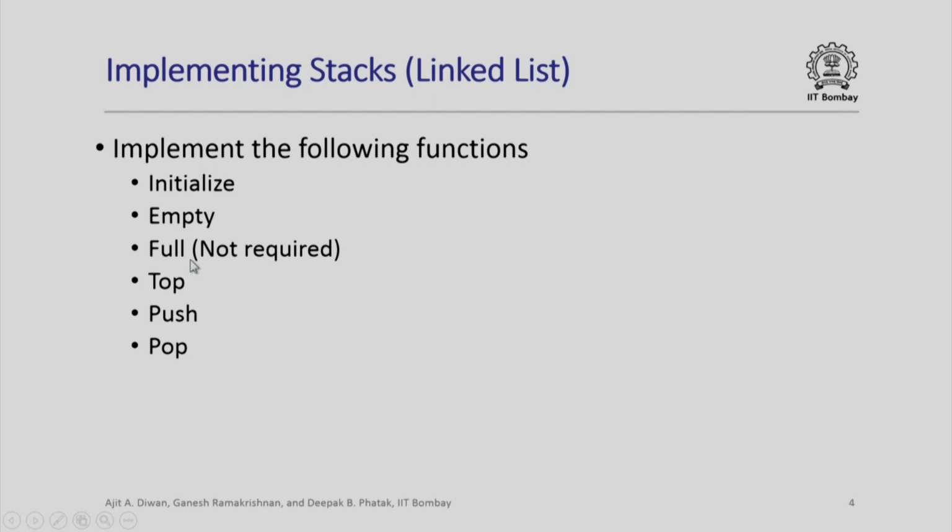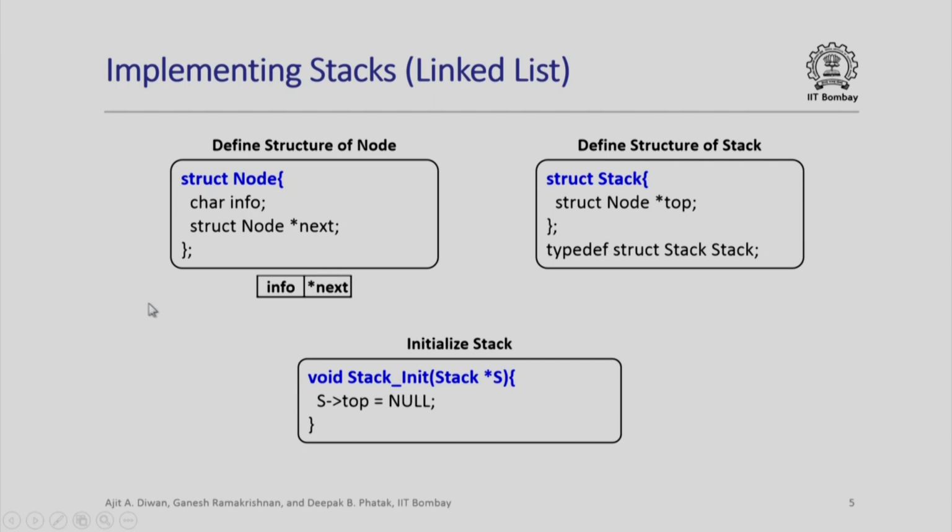We presume that we always have large enough memory so that whatever number of elements we push on the stack will never be full. Like last time, we need to examine the top element, so we need a function for that, and of course the two operational functions push and pop for the stack. So let us look at these functions.